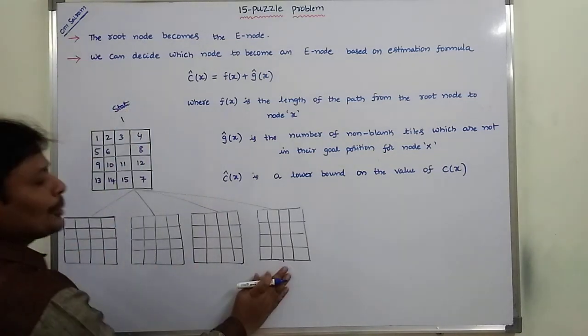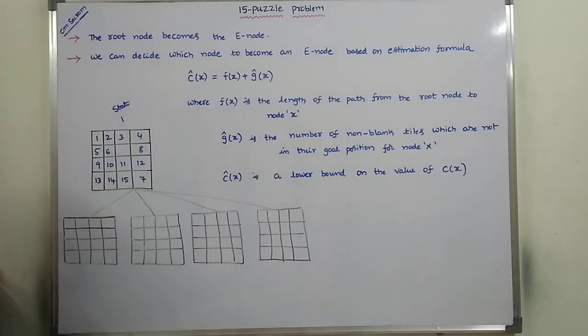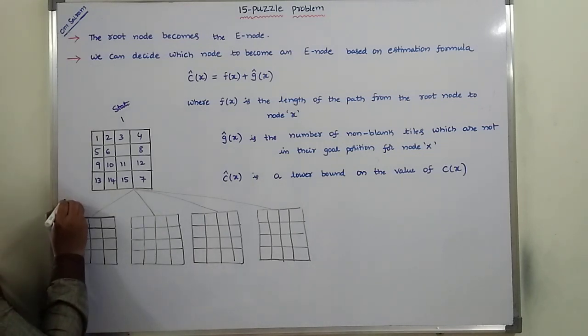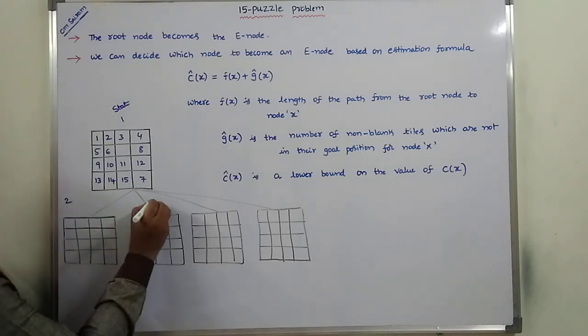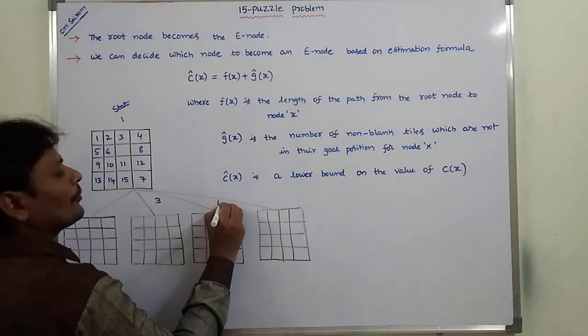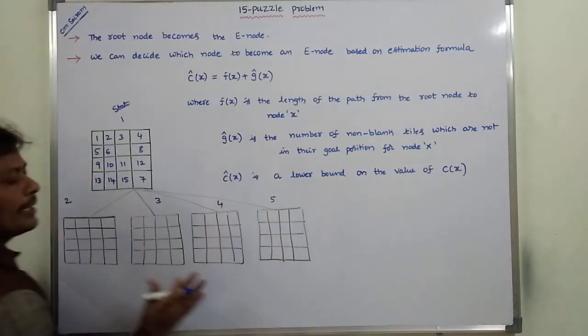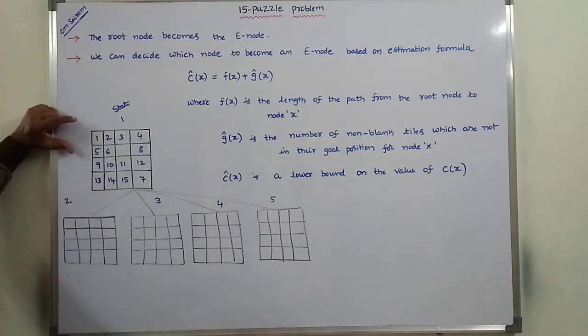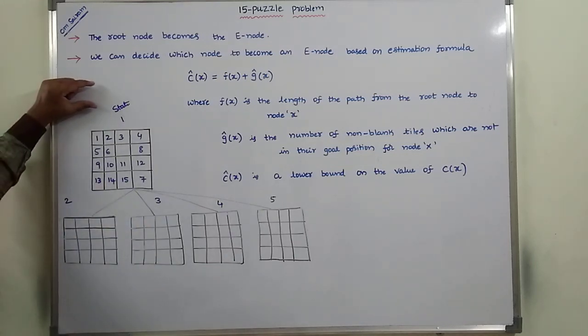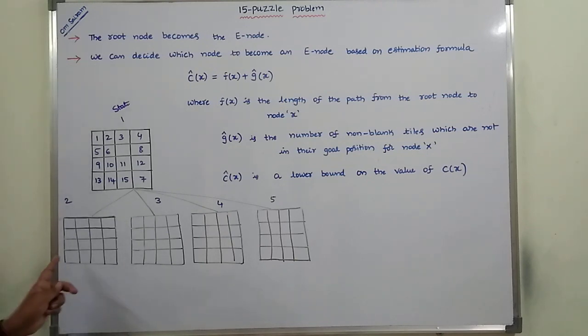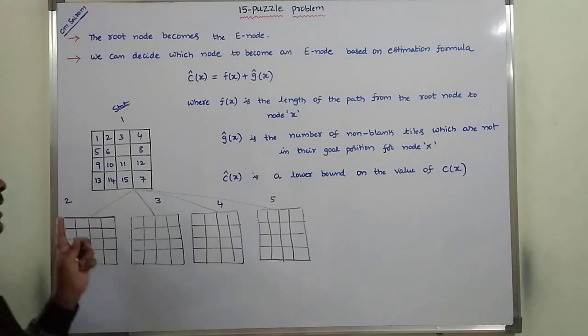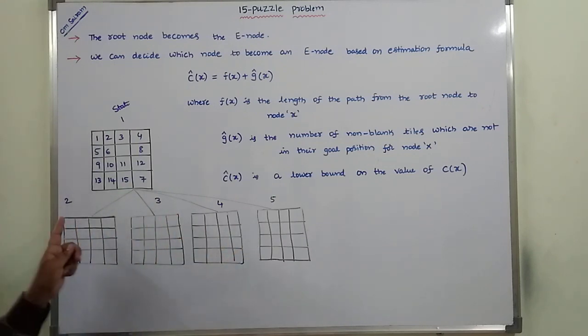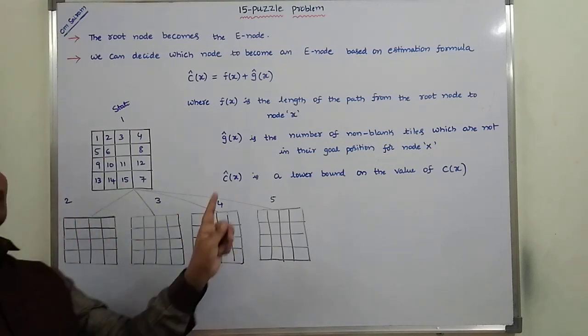Next, in level 2, there are 4 nodes: node 2, node 3, node 4, node 5. In level 1, only a single node is there, so this is state 1. Next, in the second level, there are 4 nodes: node 2, node 3, node 4, node 5.